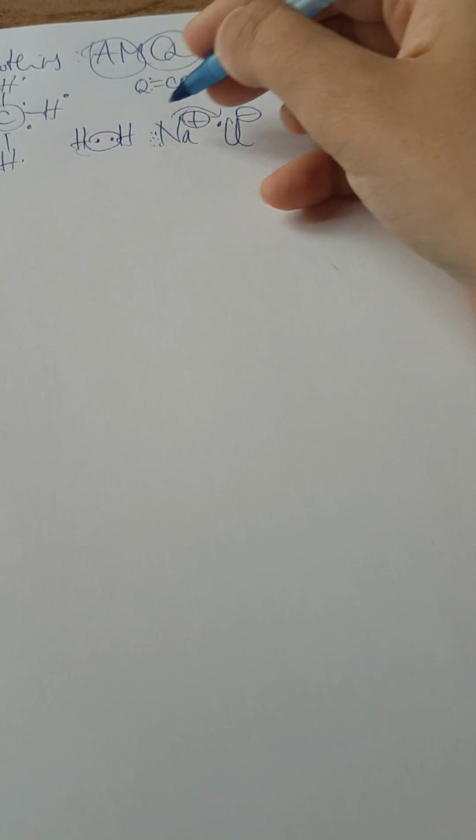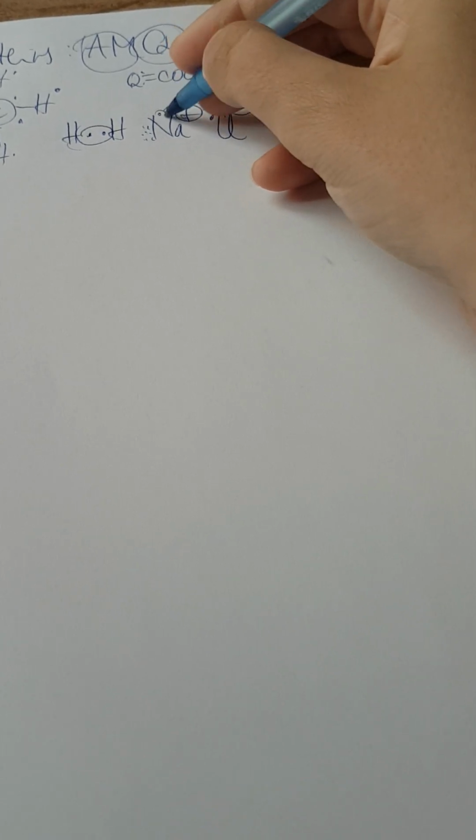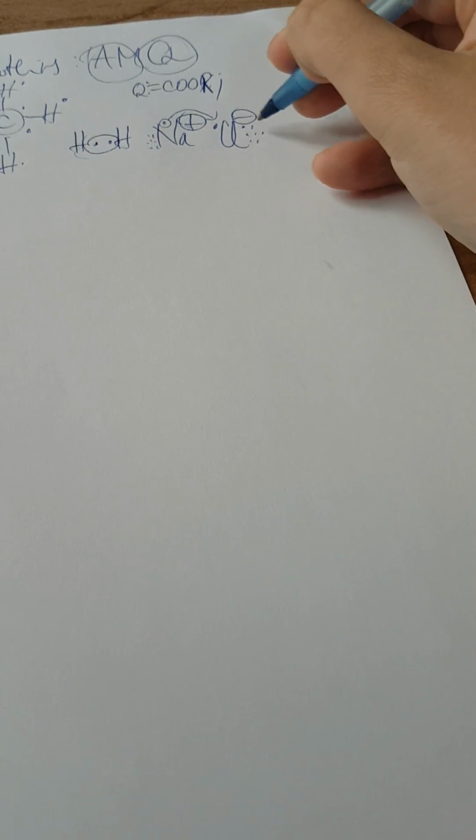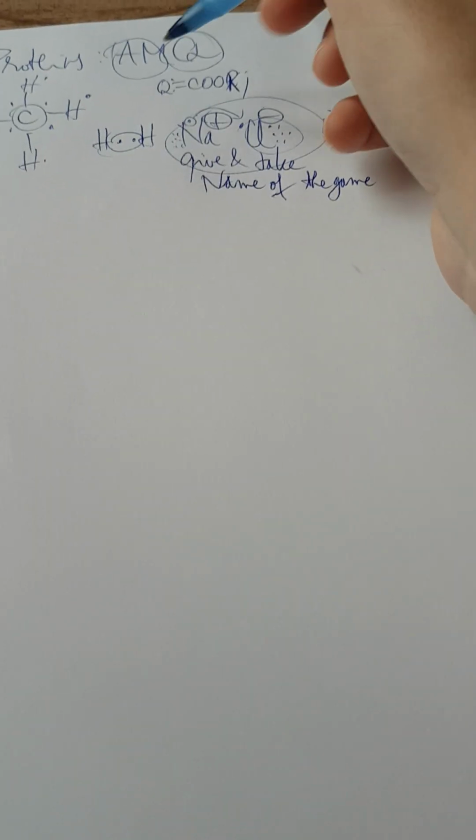They want to give this one over, and this chlorine already has 8 electrons, so it actually wants to take this over. So give and take is the name of the game, even for atoms and ions. These are ions already, and these are with covalent bonds.